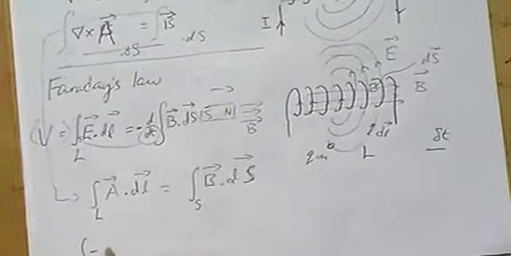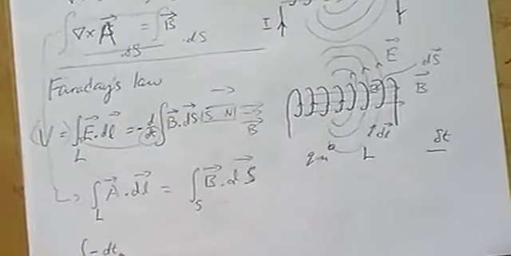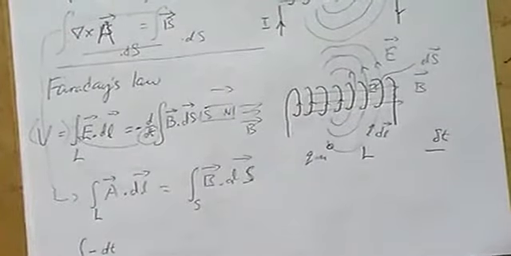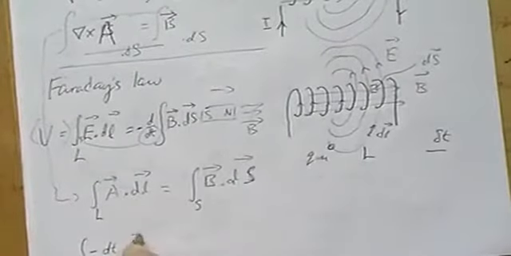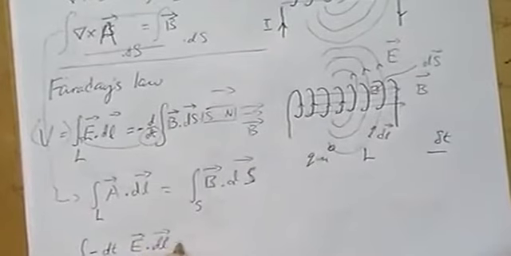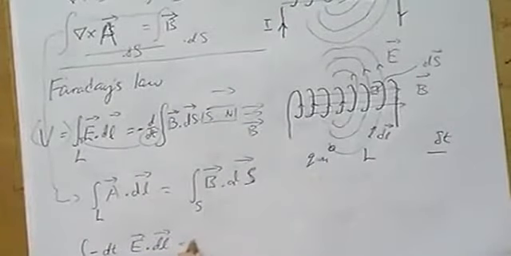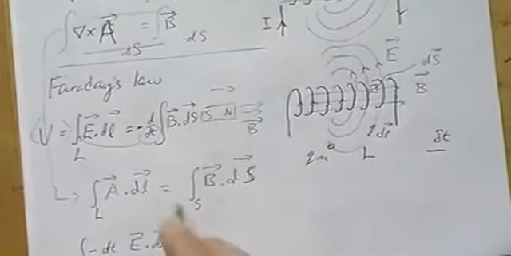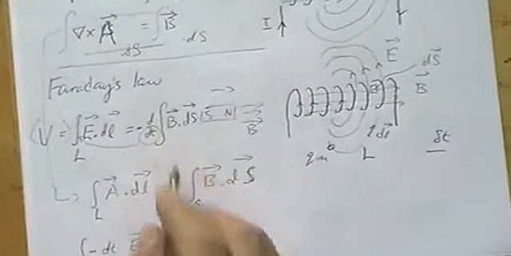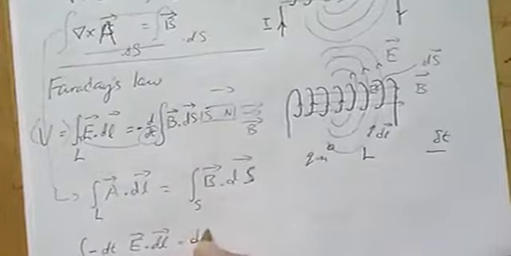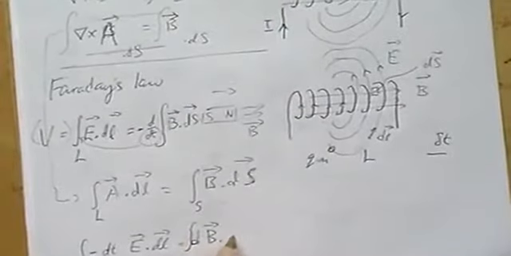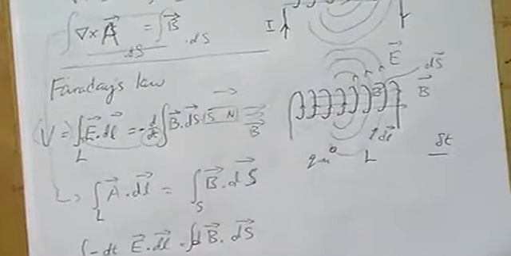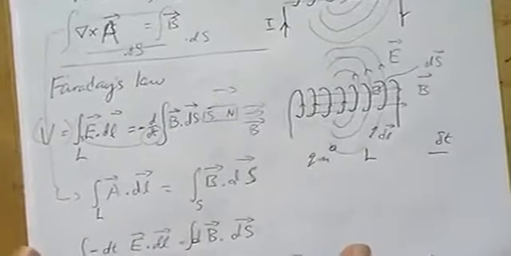Minus dt times E dot dl is equal to minus, the d there would refer to a change in the B, so I put it next to the B dot dS. We'll get an equation like this.